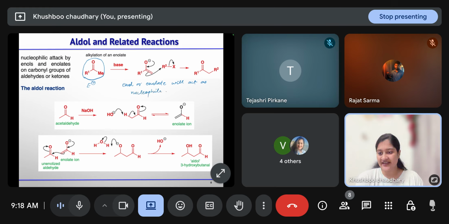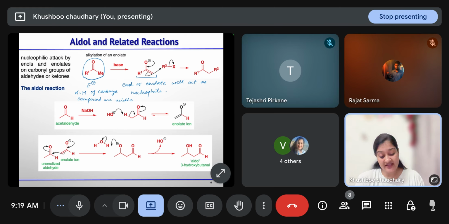And how do we generate that? If we treat the carbonyl compound with base, then the alpha hydrogens of the carbonyl compound are acidic. The base abstracts an alpha hydrogen and an enolate is generated. If the enolate gets protonated, the species generated is an enol.